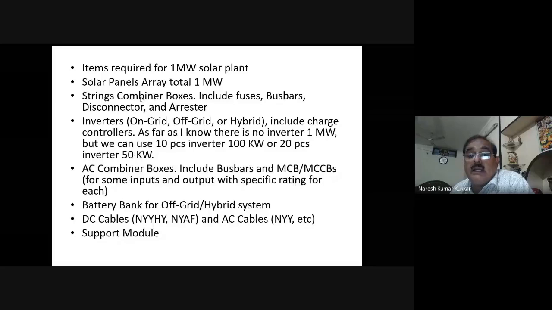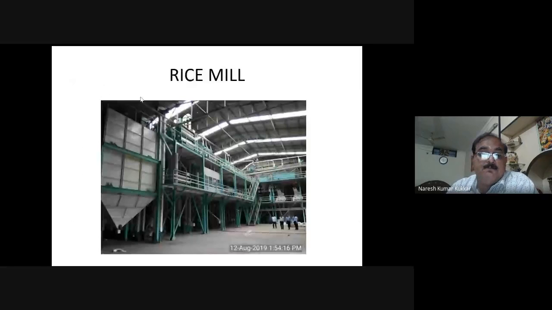Sometimes only an on-grid system is there, and sometimes a totally off-grid system, including a charge controller. As far as I know, there is no inverter charge, but there is use of an inverter. AC combiner boxes are required. Battery bank for off-grid or hybrid systems. Then DC cables and AC cables are required.